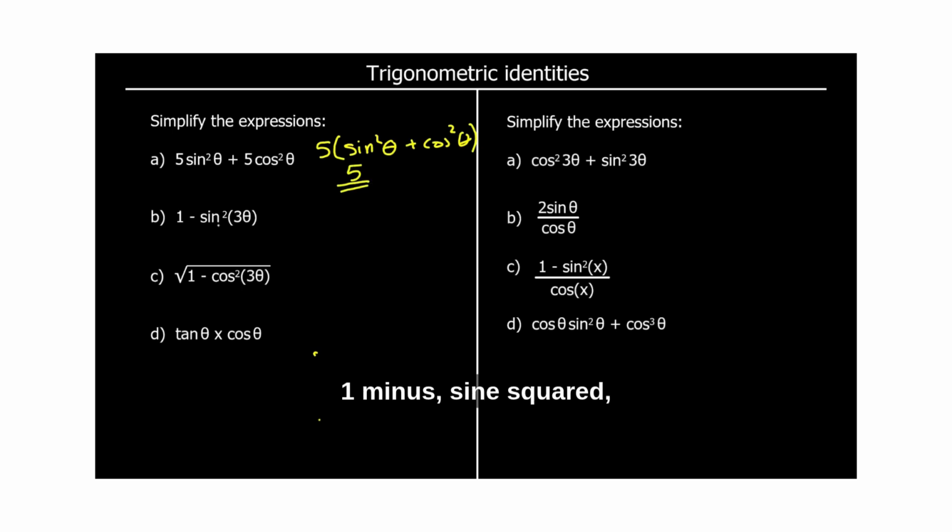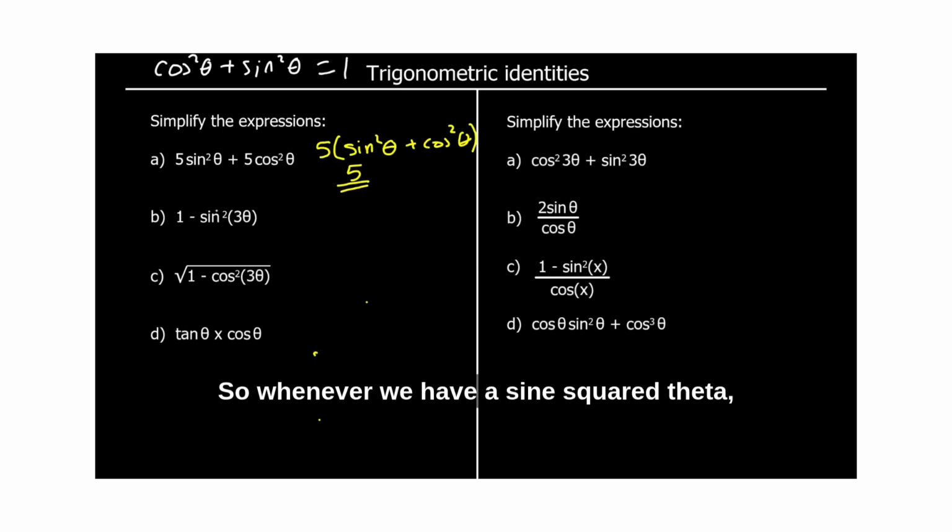1 minus sine squared 3 theta. So this one maybe doesn't look as straightforward, but remember, cos squared theta plus sine squared theta equals 1. So whenever we have a sine squared theta, we can change it into a cos squared theta.